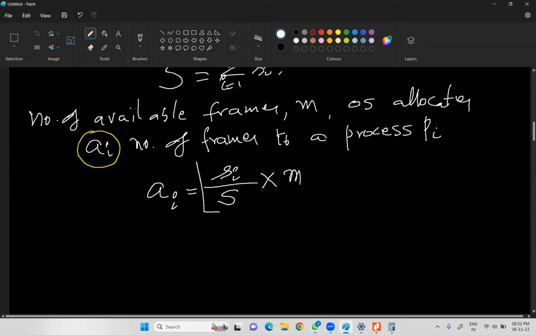This is a lower value only. In this way it is going to be allocated here.